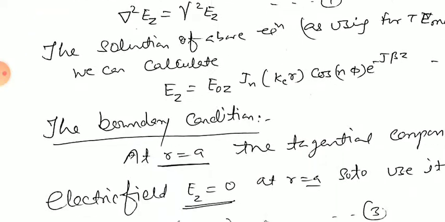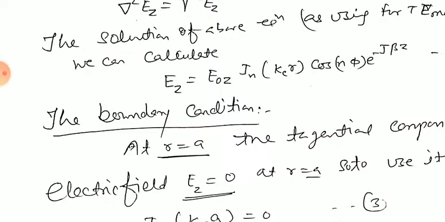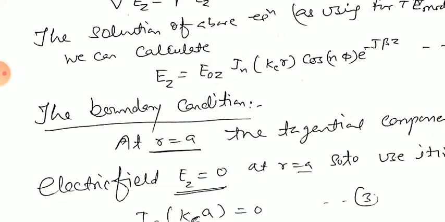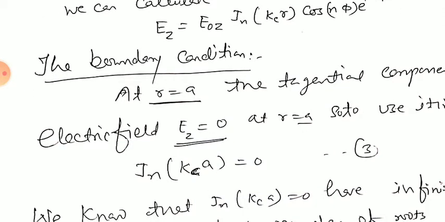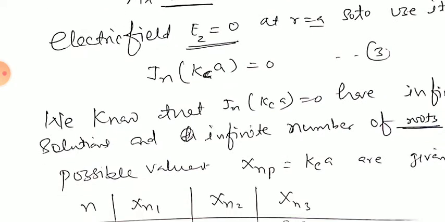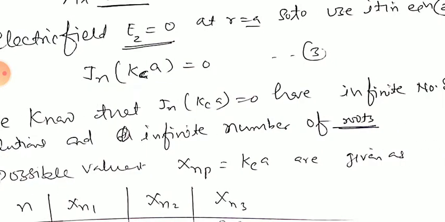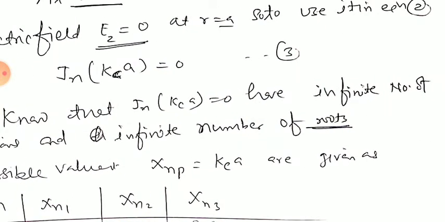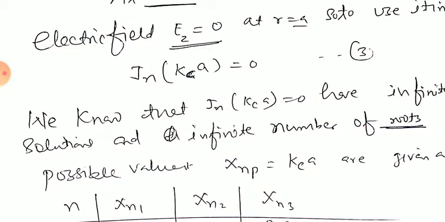The boundary condition for this at r equal to a, means at the circumference of this one, the tangential component of the electric field Ez will be 0 at r equal to a. So by using this one you can write Jn of KCA equal to 0, and we know that the Jn function of KCA equal to 0 has a very large number of solutions, infinite number of solutions, or we can say infinite number of roots.